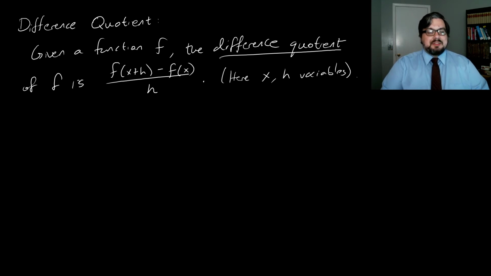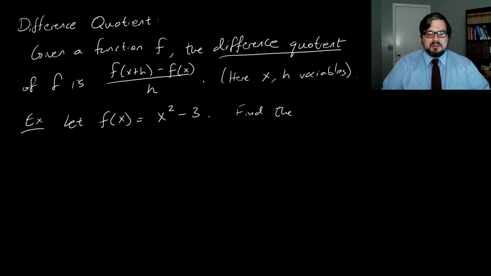Well, it turns out that that's basically what's going on here in the difference quotient. Let's take an example and let's let f of x be x squared minus 3.